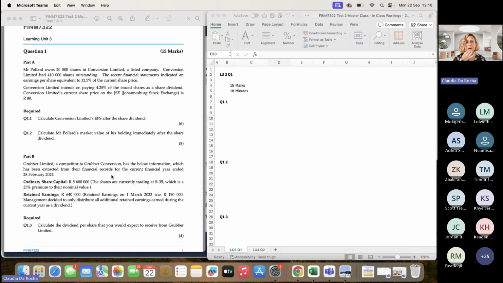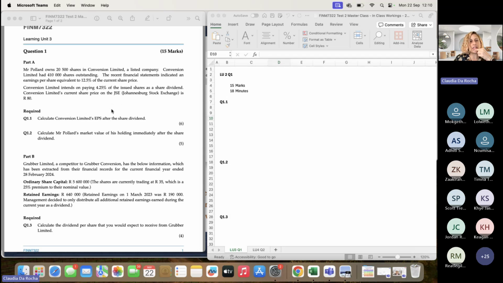Okay, so let's do part A first. So Mr. Pollard owns 20,500 shares in Conversion Limited, a listed company. Conversion Limited had 410,000 shares outstanding, right? So when we say outstanding, we mean they are in issue. Okay, the recent financial statements indicated an earnings per share equivalent to 12.5% of the current share price. So they're just saying that your EPS is basically 12.5% of your current share price.